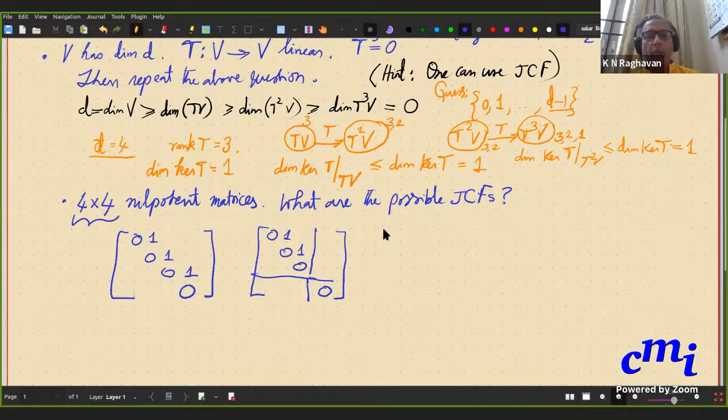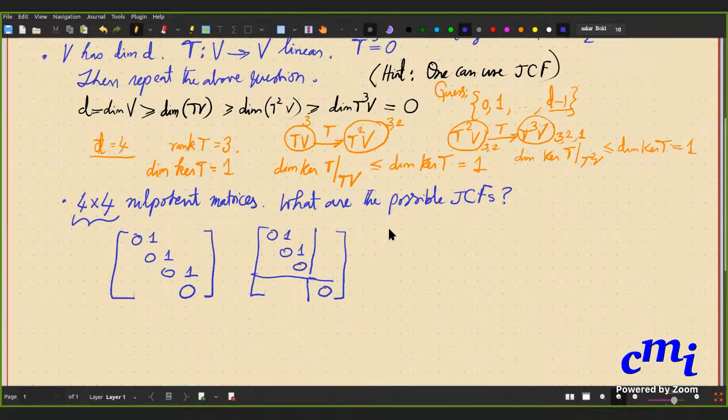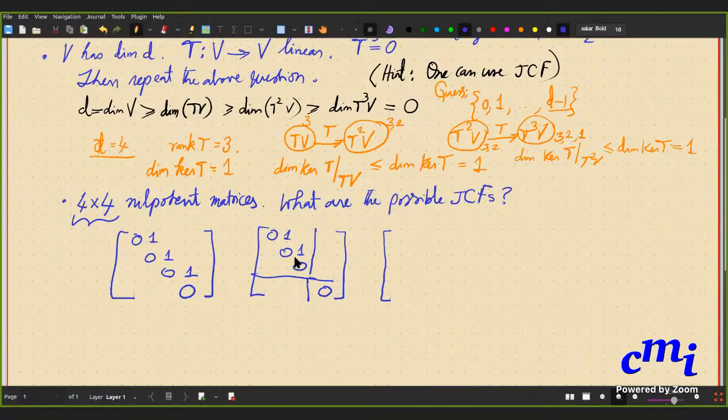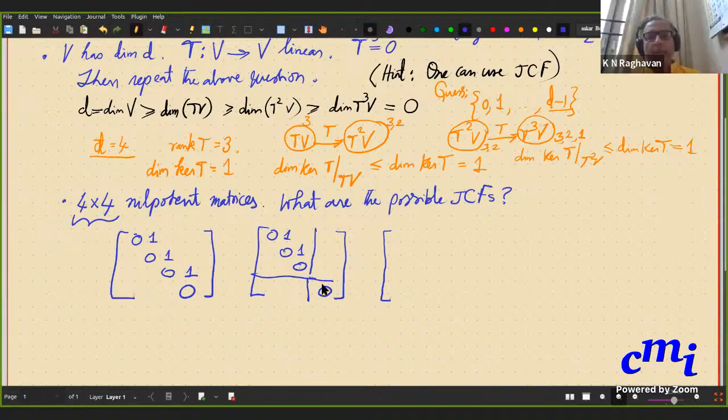What is the next possibility? Is everything 1, 1, 1? Oh, sorry, yes, 1 by 1 block. Let's go systematically. Or the first one is only 1 by 1. The last one is 3 by 3. That is the same as this.